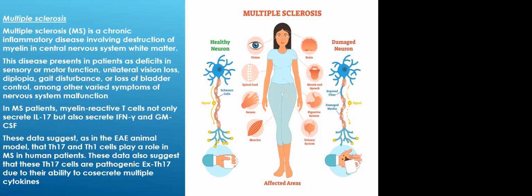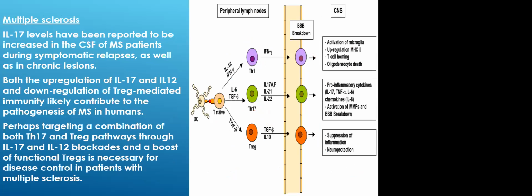When those Th17 act like Th1, they secrete what Th1 secretes, which is interferon gamma, but they also secrete what Th17 secretes, which is colony stimulating factor, recruiting all those white blood cells to the site of the lesion, making it even worse. And then it's hard for the Treg to control them because they act abnormally.